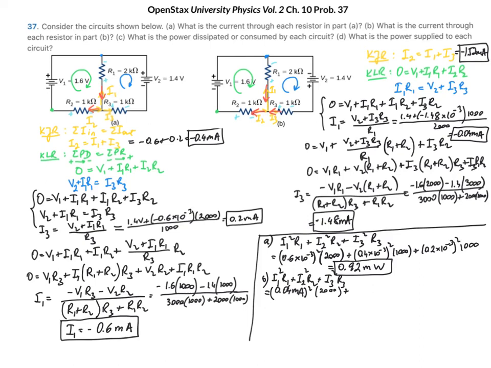I2 is 1.52 milliamps squared times 1000, plus I3, and that's 1.48 milliamps squared times 1000. So when we plug in the numbers into our calculators, we get 4.5 milliwatts.